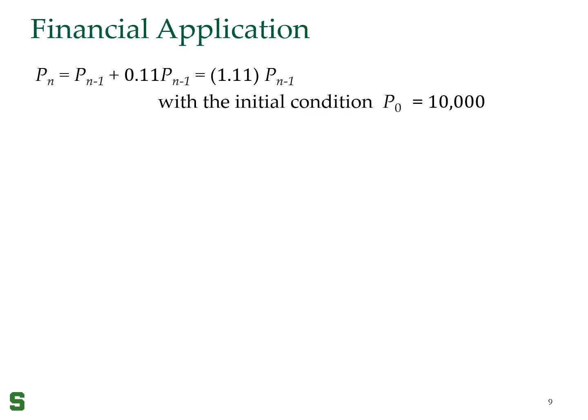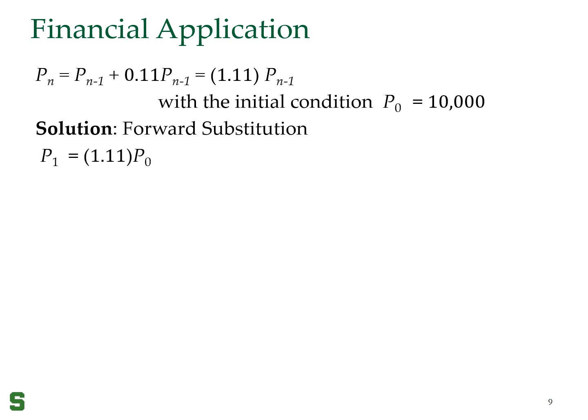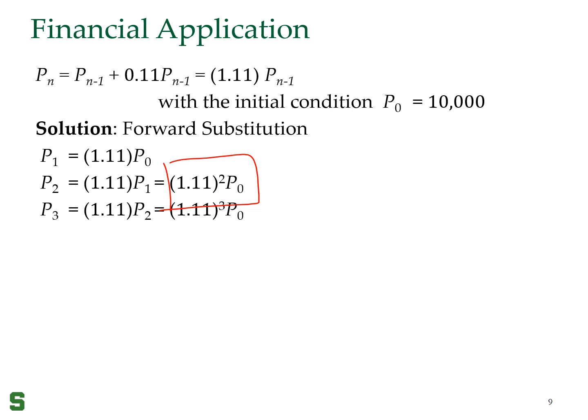Now we have this recurrence relation, and we can do forward substitution. P_1 is 1.11 times P_0, P_2 is 1.11 times P_1, which is 1.11 squared times P_0.